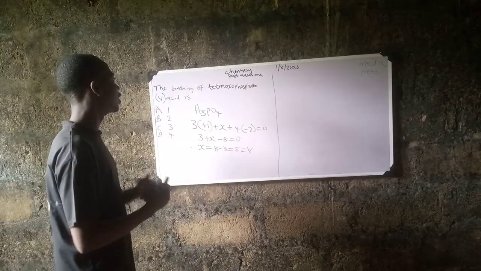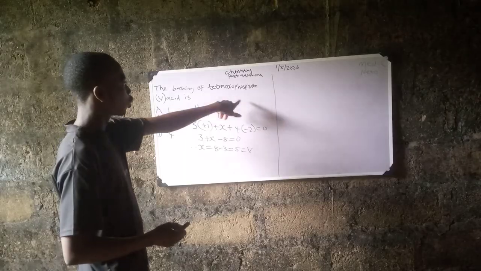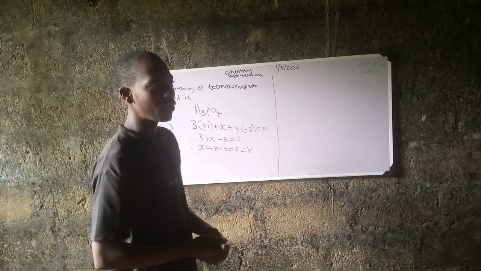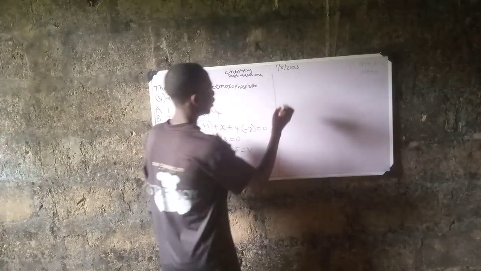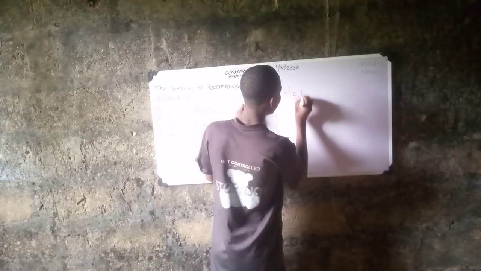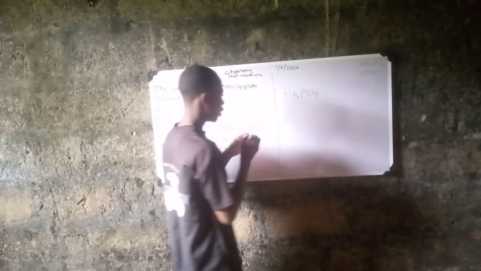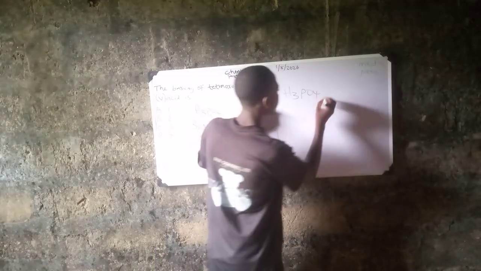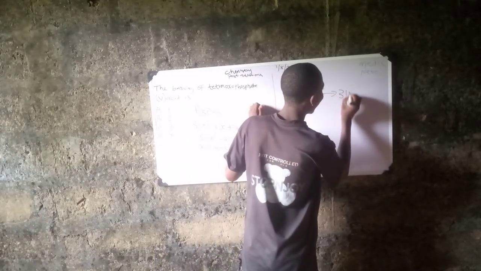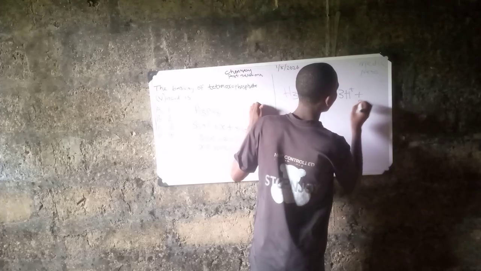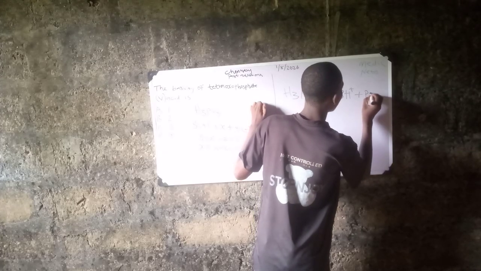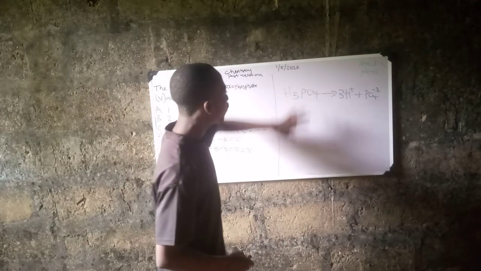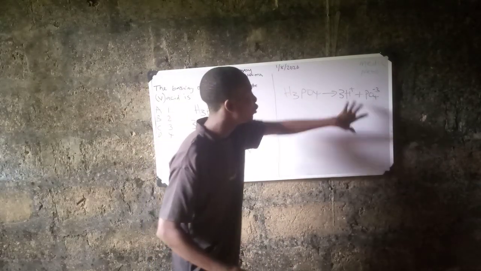Now let's go to the question of the day, which said the basicity of tetraoxophosphate 5 acid is what? Now it's just simple if you learn how basicity works. H3PO4. Now if you dissociate this, it will give you 3 hydrogen ions plus the phosphate.